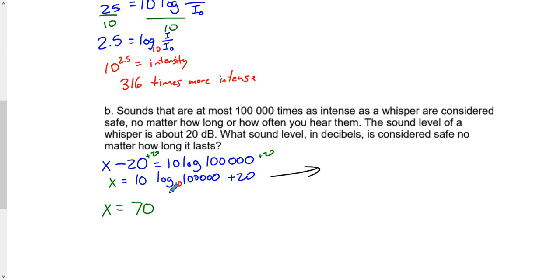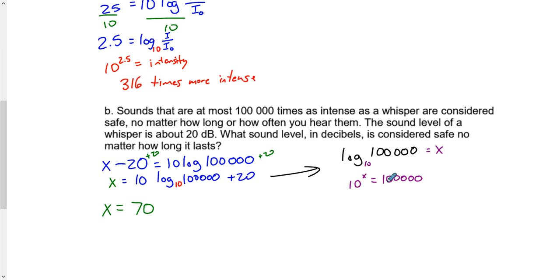Another way this can be done is determining what the log of 100,000 is. So we say it is an unknown value: 10 to the power of x is 100,000.